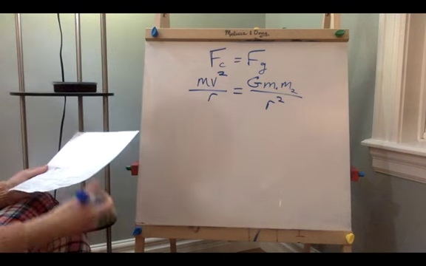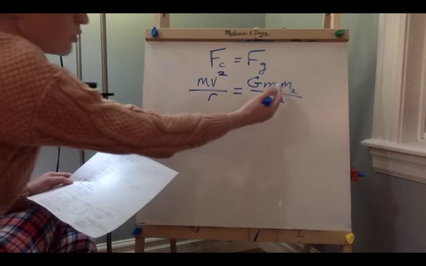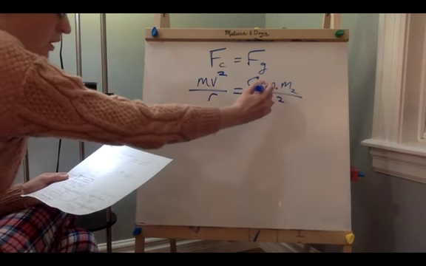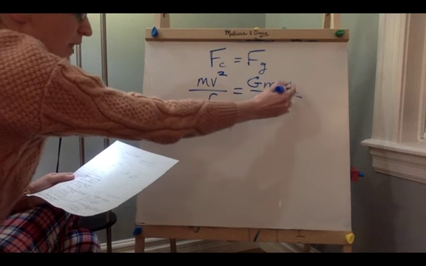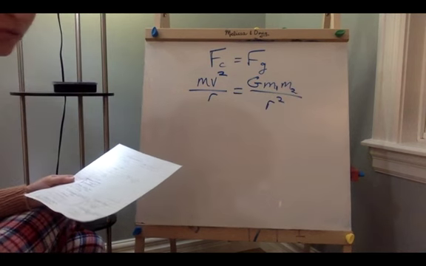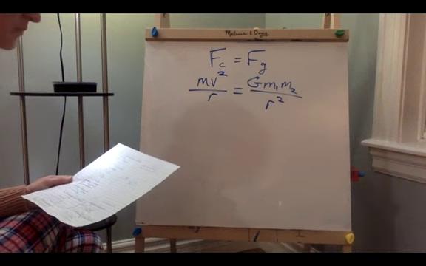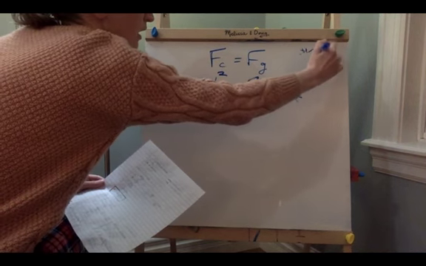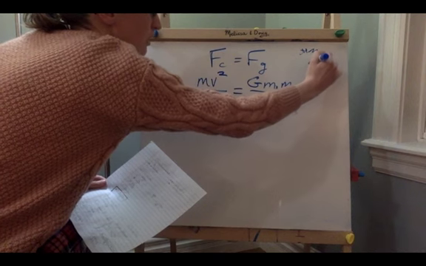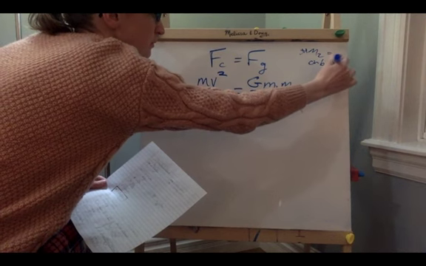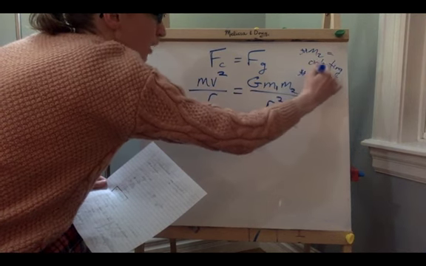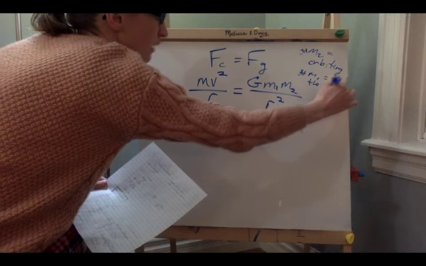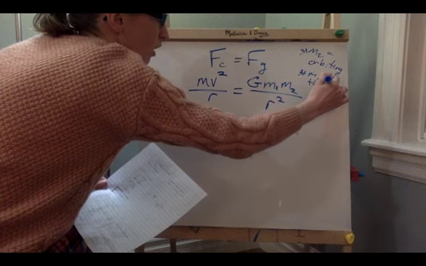Okay. Again, it's important to note that these two masses, m1 and m2, we can talk about m1 being the object that's being orbited, and then m2 being the object that is orbiting. Okay, so you make that little note there. It's like m2 is orbiting, and m1 is the center, I guess, if we want to call it that.